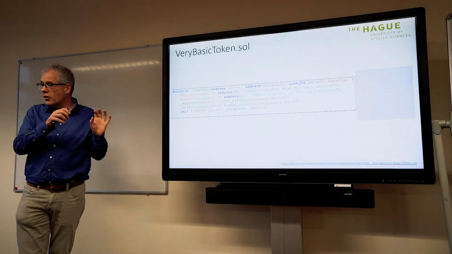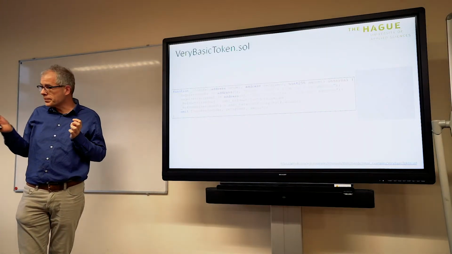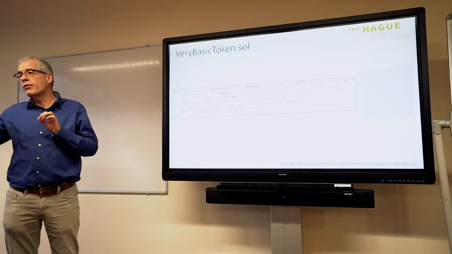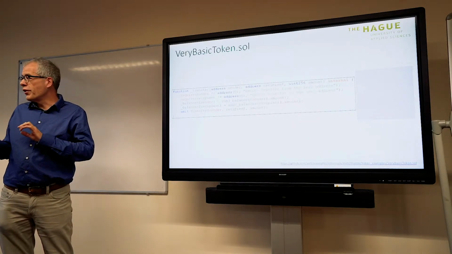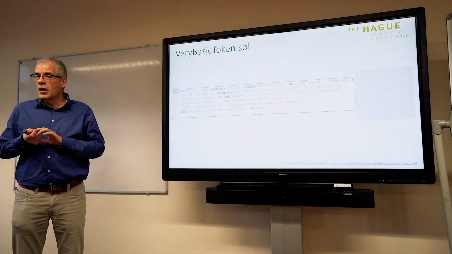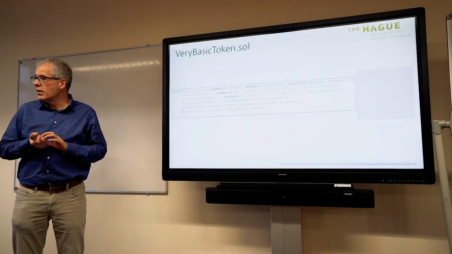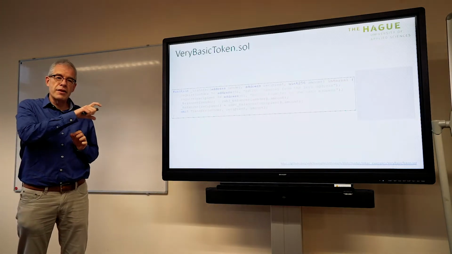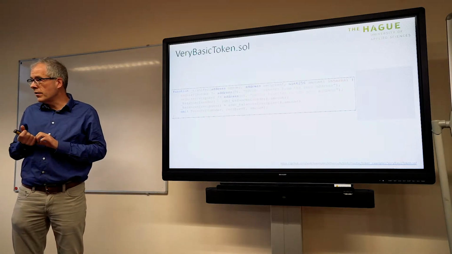Within that smart contract it knows which address has which tokens. If you look at it the other way around, if you are the owner of an address, of a wallet, and you want to know if you have a token or not, basically you have to check all the different contracts.